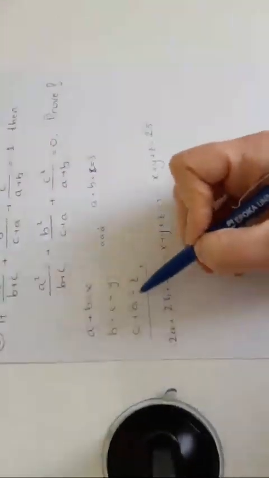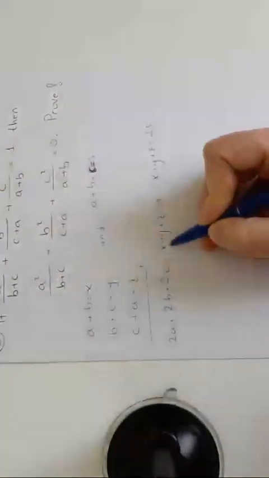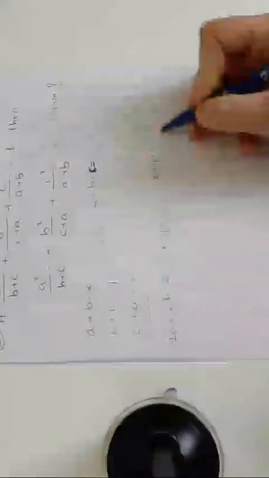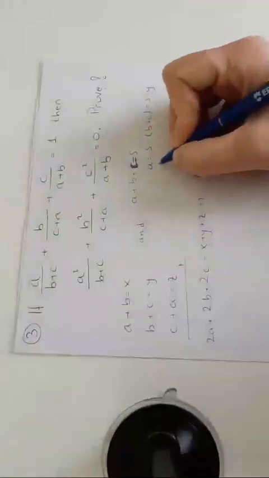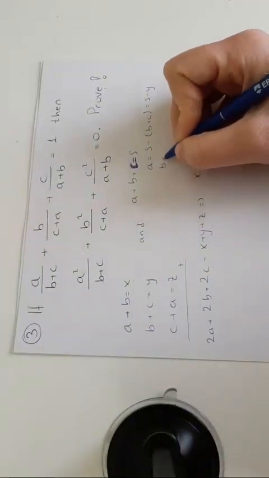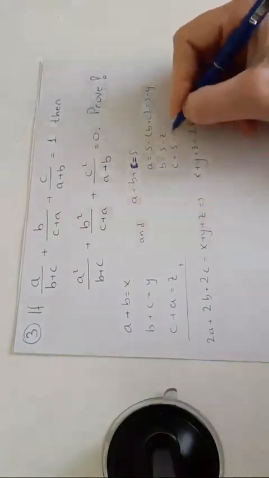I'm changing, instead of a plus b, I'm writing x, and instead of c plus a, I'm writing z. And let's say that x plus y plus z is equal to 2s. Now, I'm taking the first equation. From this, I will find that a is equal to s minus y, and in the same way, b is equal to s minus z, and c is equal to s minus x.